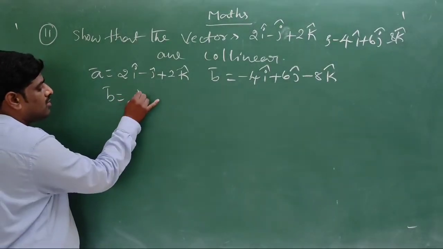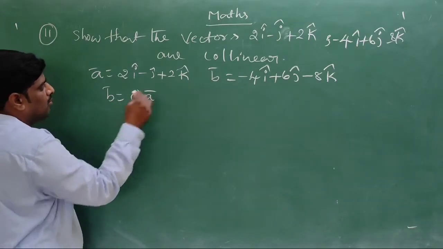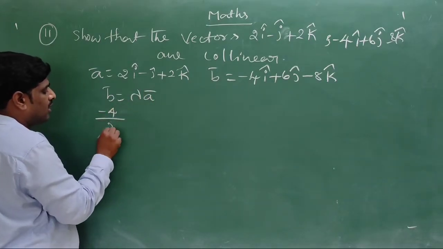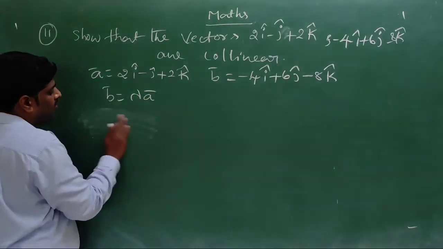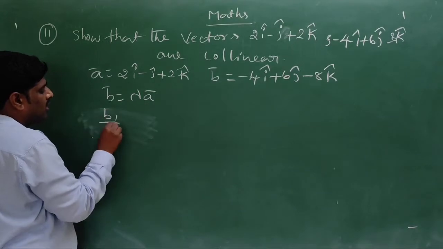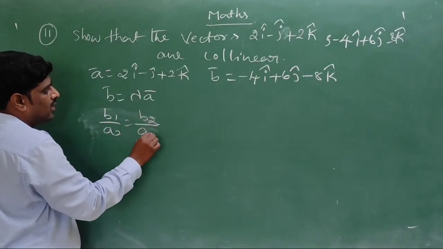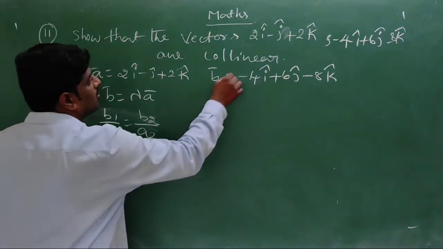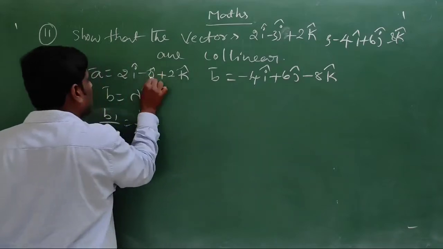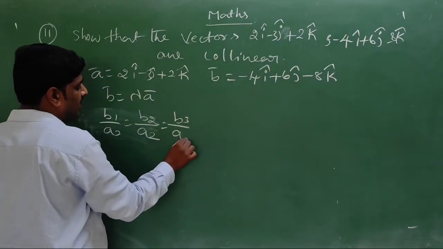B bar is equal to lambda A bar, that is, B1 by A1 equal to B2 by A2 equal to B3 by A3.